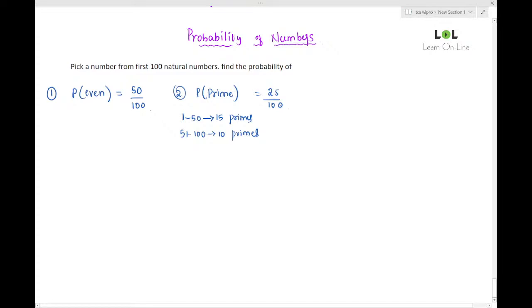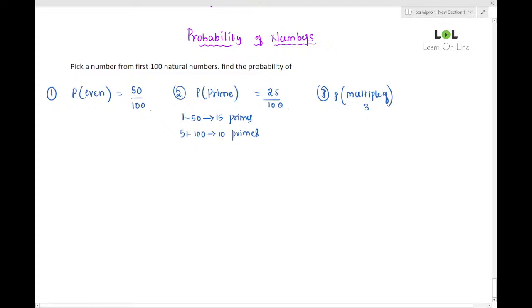Suppose I ask you, what is the probability of a multiple of 3? What is the probability of a multiple of 3?